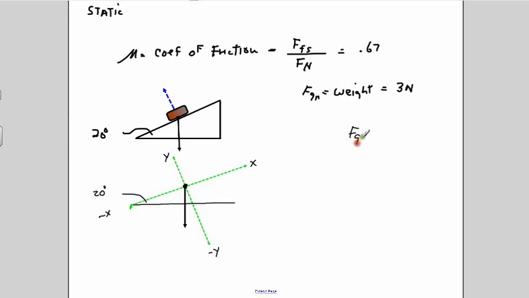Force gravity of the block is the same as the force weight of the block. So just so we know this is the weight, I'm going to start using Fw of the block, just so you know that that is the force of gravity, which is defined as the weight of the block, and it's going down toward the center of the Earth.